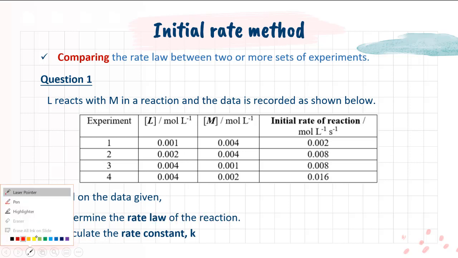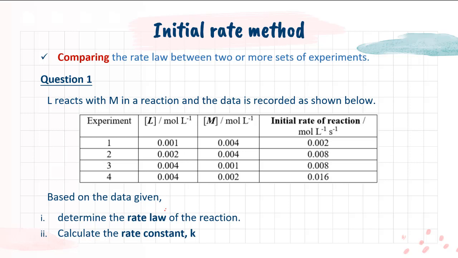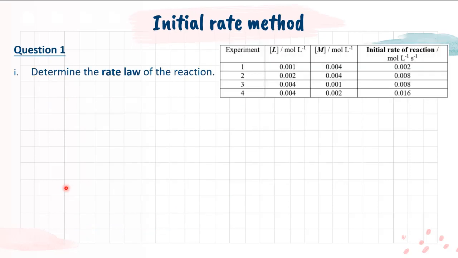Take note that before you find the rate law, you need to identify the order of reaction for L and also for M. First of all, from our experiment data, you need to choose two sets of experiments to do comparison so that we can solve one of the unknowns for either reactant L or M. We put the rate law with an unknown k, an unknown m, and an unknown n.